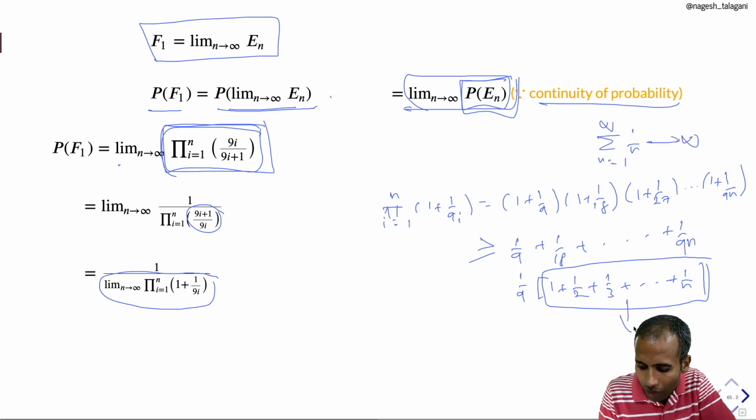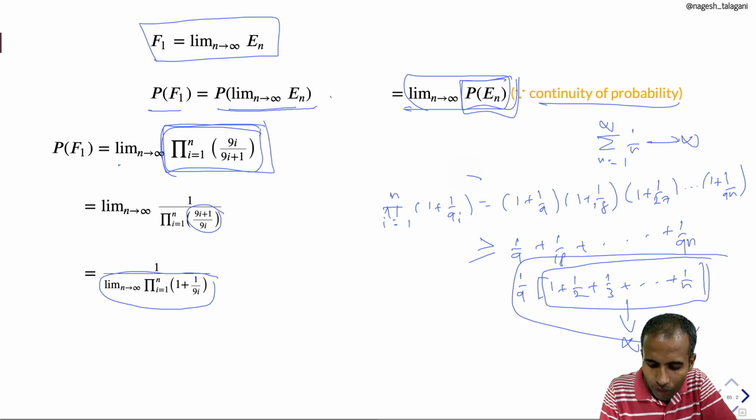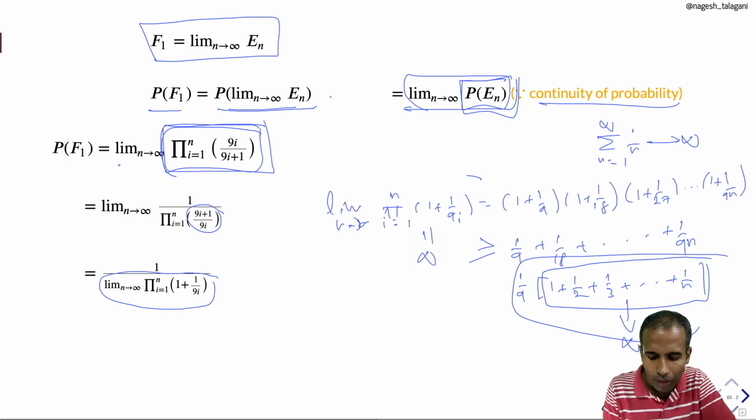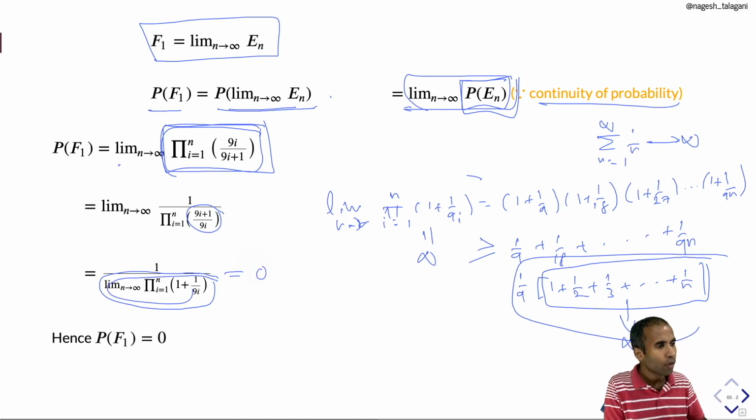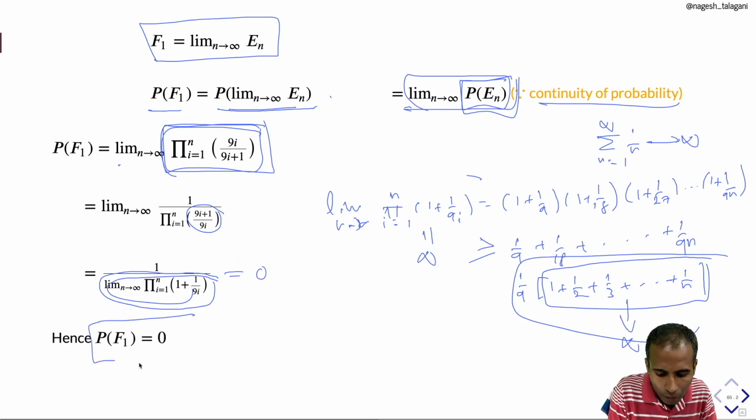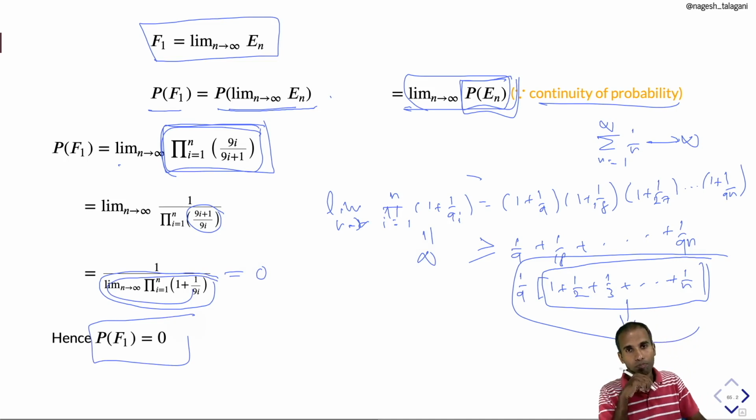So this limit goes to infinity. Therefore, if this limit goes to infinity, obviously this limit also goes to infinity. That's why here the denominator is going to be infinity, so the answer is going to be 0. So therefore the probability of F1 is going to be 0.